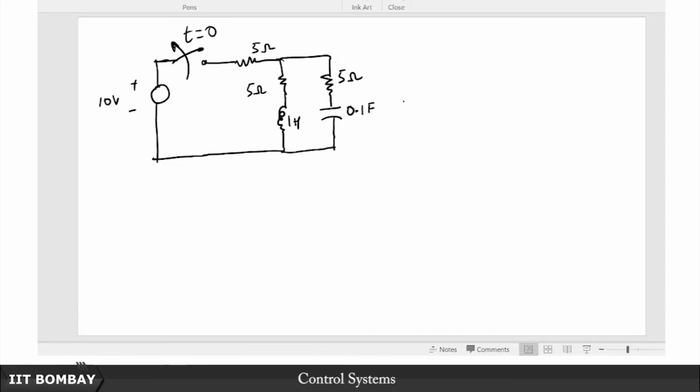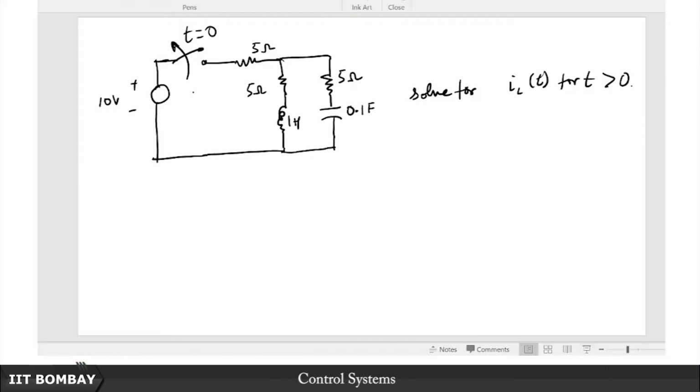So now the question may be to solve for IL(t) for t greater than 0. So what is basically being asked here is the following. You had this circuit with this switch in its on position before t equal to 0.